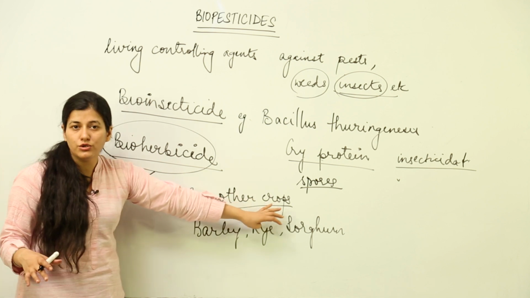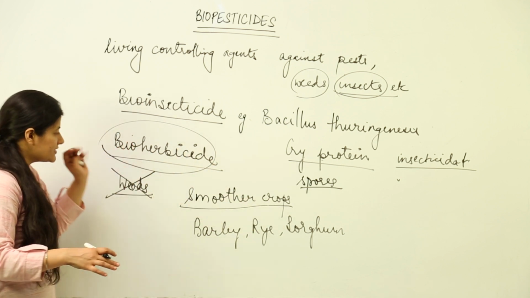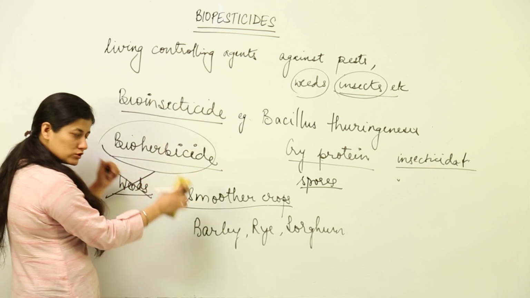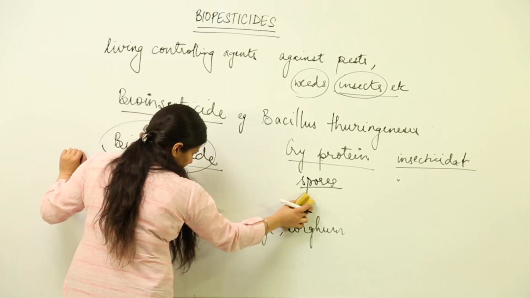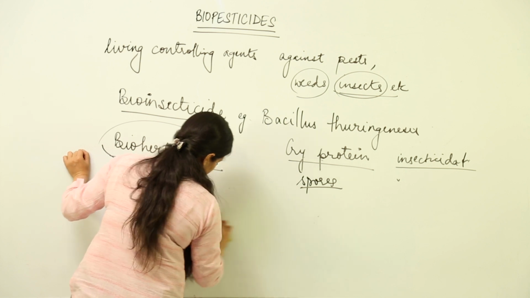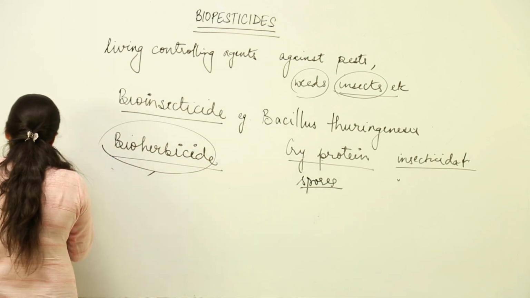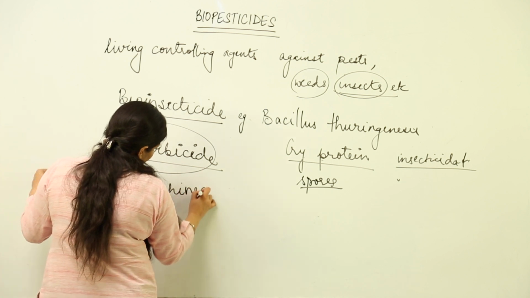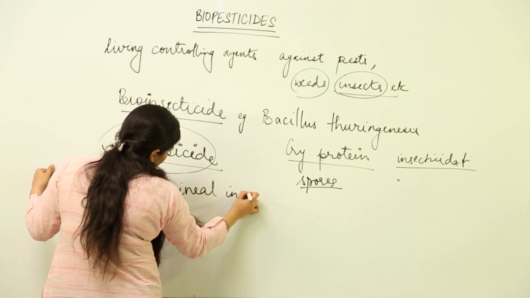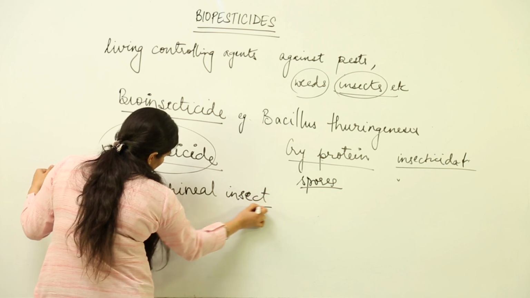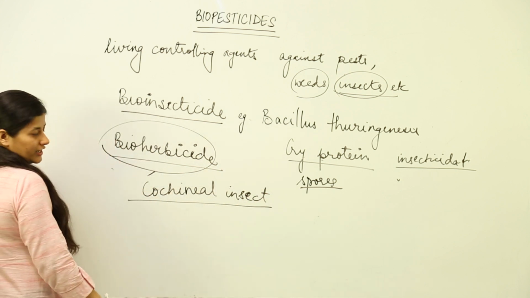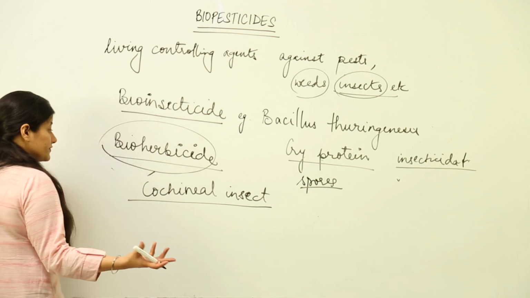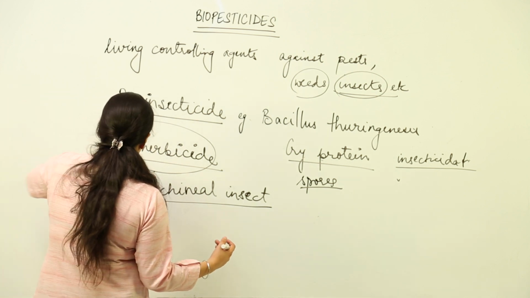So we can utilize smother crops, and these smother crops are also bioherbicides. One particular example which is part of our syllabus is the cochineal insect. You pick some living organism from the food chain that feeds on that particular herb and make it a bioherbicide. How innovative is that, and how environment friendly.